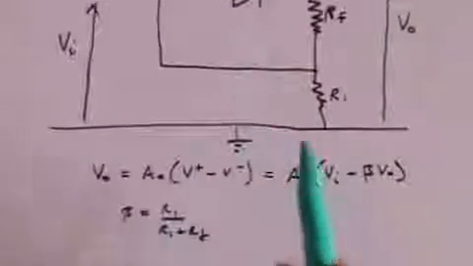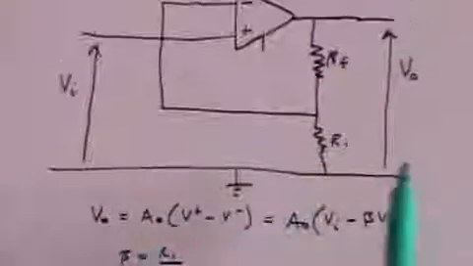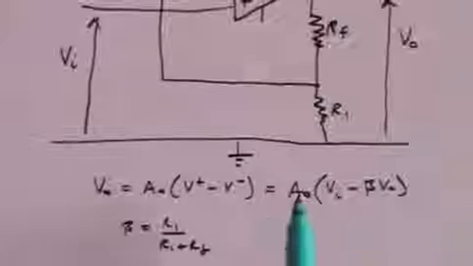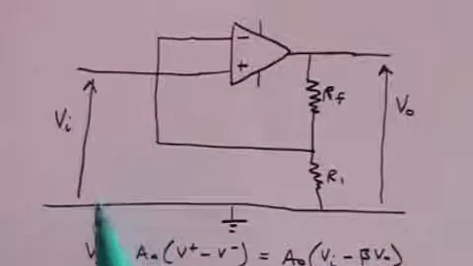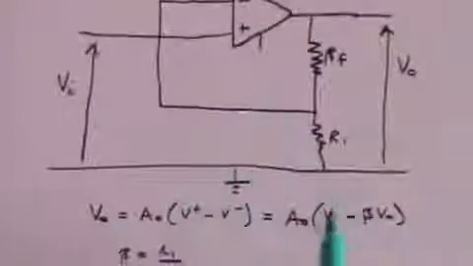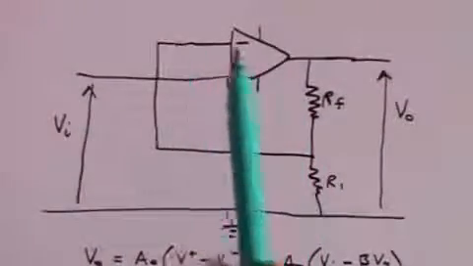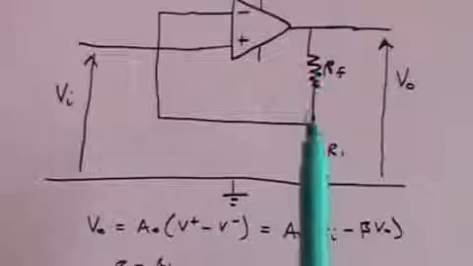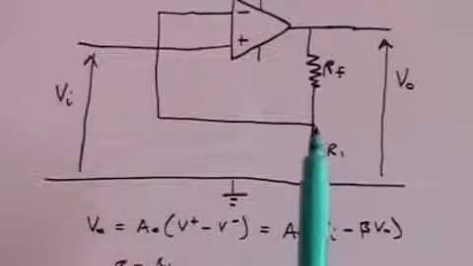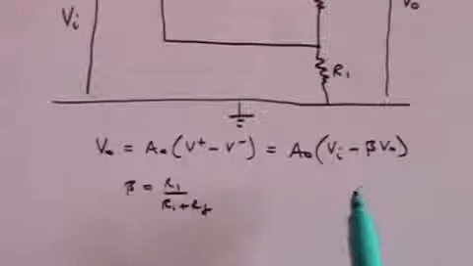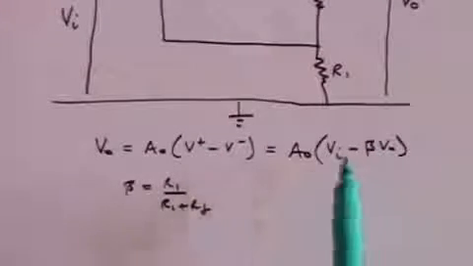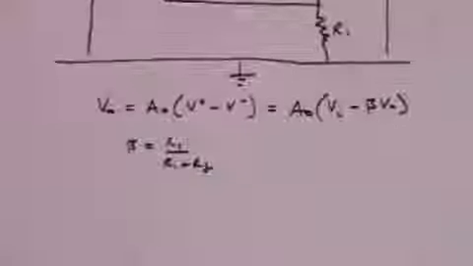And so we've got that V out is equal to the amplifier gain into V plus, which is simply the input voltage, minus V minus, which is that proportion that's going across R1 that's being fed back to V minus. So that's our formula. And now it's just a case of going through the maths.